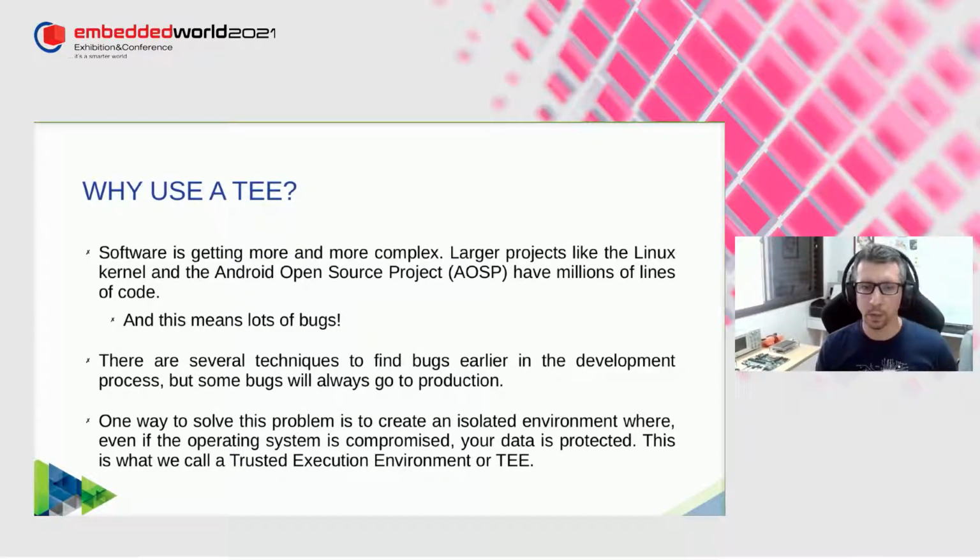And if those bugs expose some kind of vulnerability, that vulnerability could be exploited, and that could be a problem for your product. So one idea to mitigate this risk is to run applications in a way that it's isolated from the assets that you want to protect in your device. That could be code, or that could be your data.